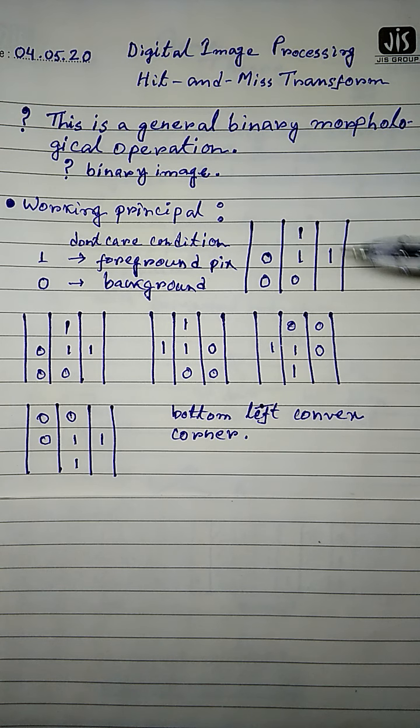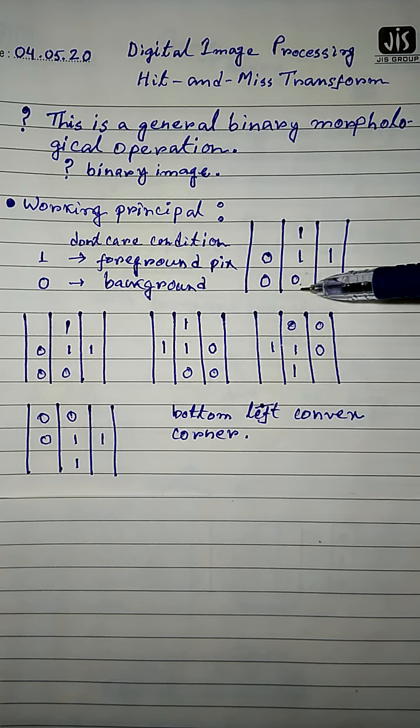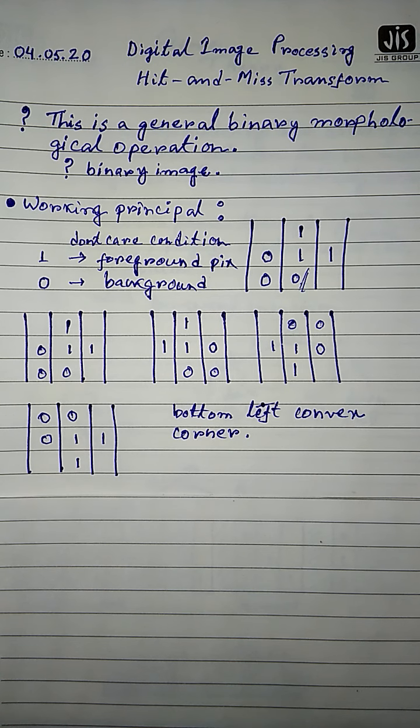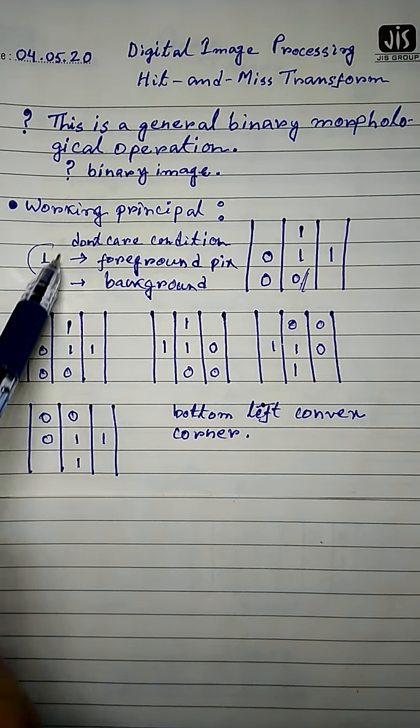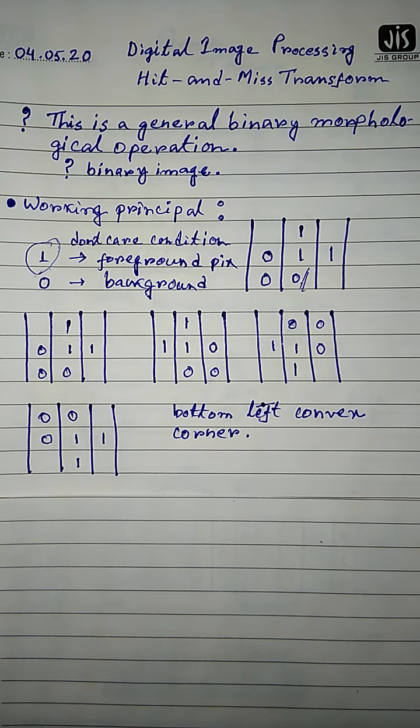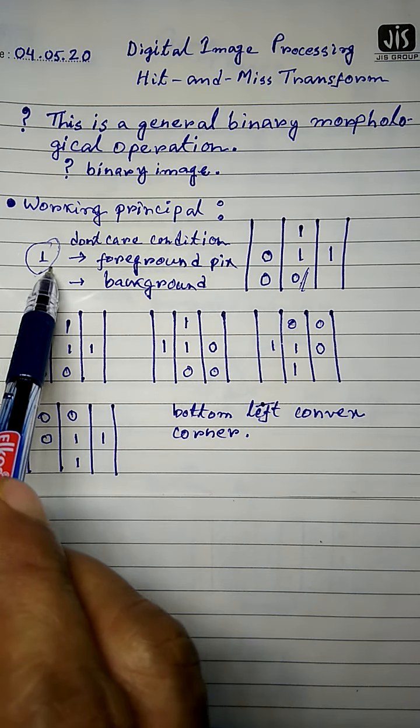That means 0 is for don't care. I already explained when don't care conditions will occur. And 1 is for foreground pixel and 0 for background pixel.